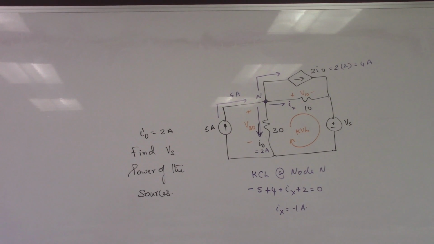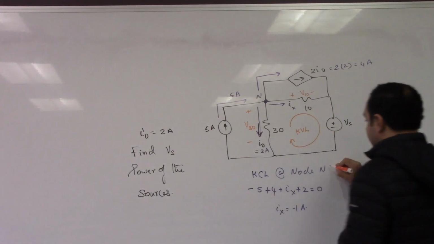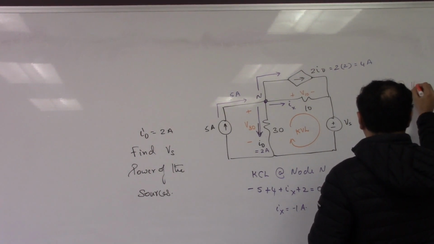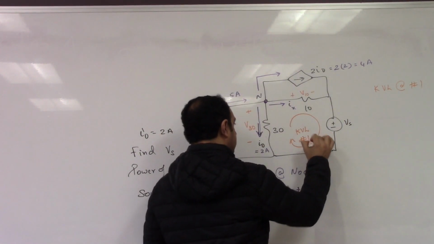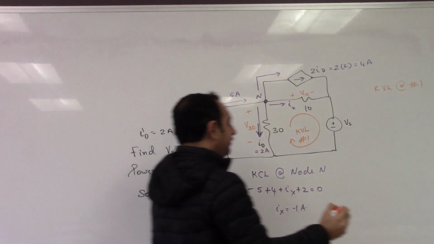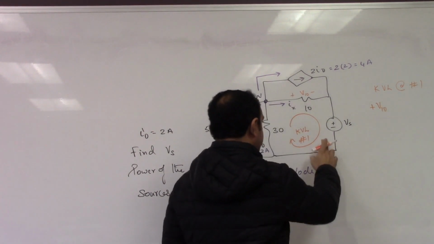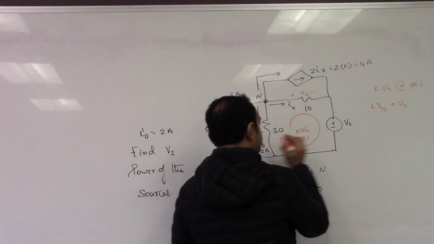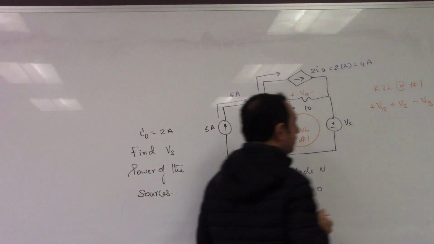So if I write a KVL equation here, this was our KCL. Let's do KVL. We'll call this our mesh 1. So we'll start from here. Plus V10, plus Vs, minus V30 should be equal to 0, right?